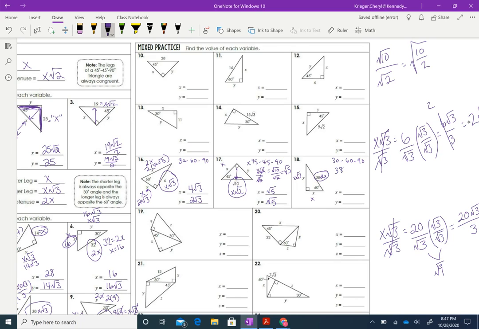So 38 equals 2x, and I'm solving for x, I would just divide both sides by 2 to get x is 19. So my shorter leg is 19, and plugging in x for x root 3, that would be 19 root 3 for my longer leg. So 19 and 19 root 3.